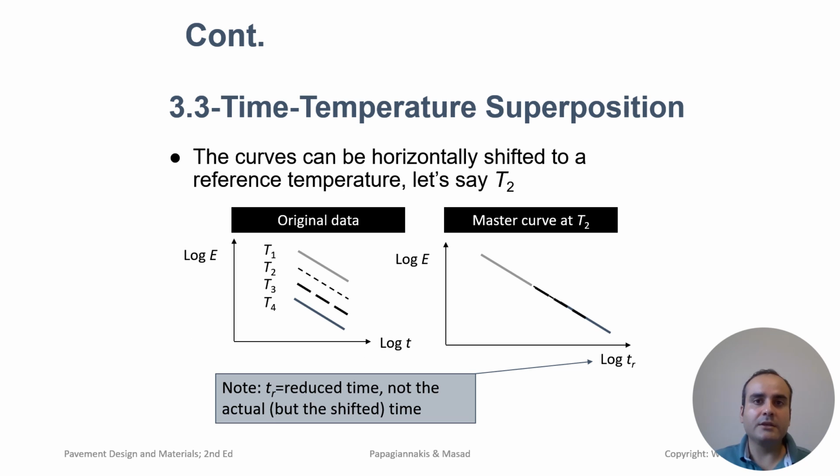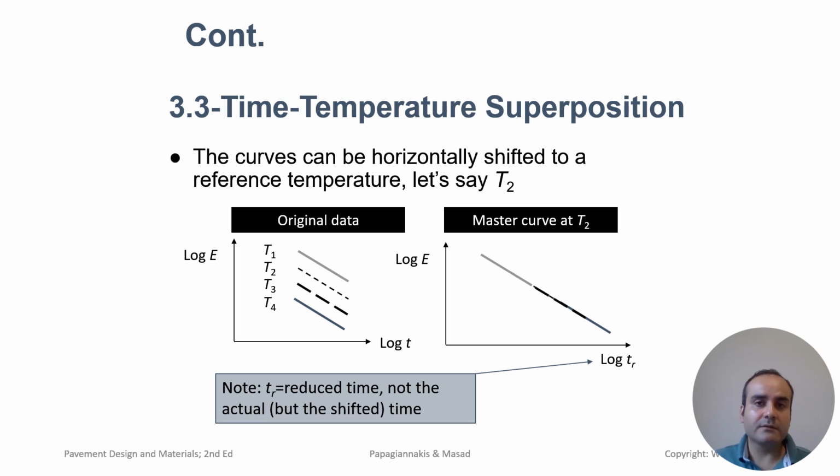Shift factors are used to align the data obtained at different temperatures and frequencies to create a continuous master curve. These factors allow the data at one temperature to be shifted horizontally along the frequency axis, allowing long-term predictions to be made from short-term tests.